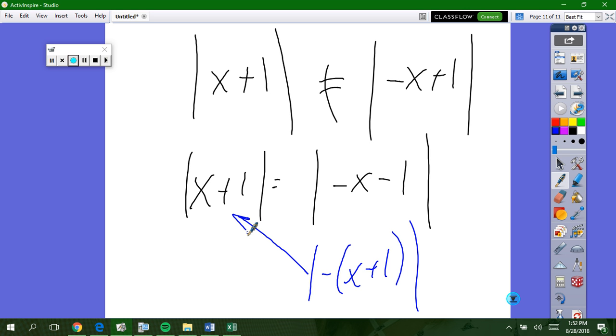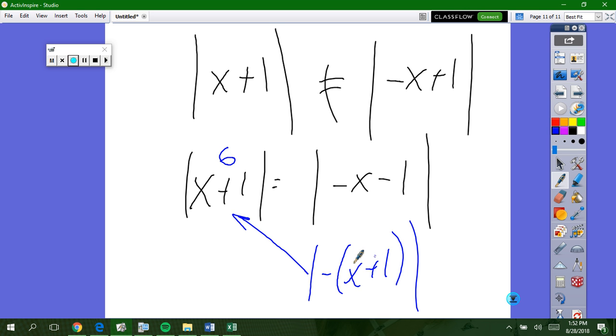Why are they the same? Give me any number. 6. Okay? What's equivalent in absolute value to absolute value of 6? Absolute value of -6. Imagine this x plus 1 as 6.